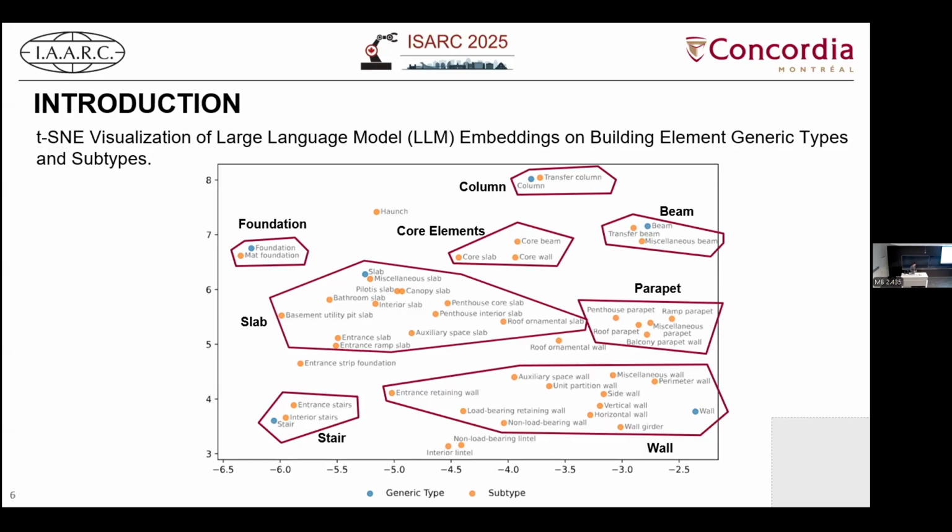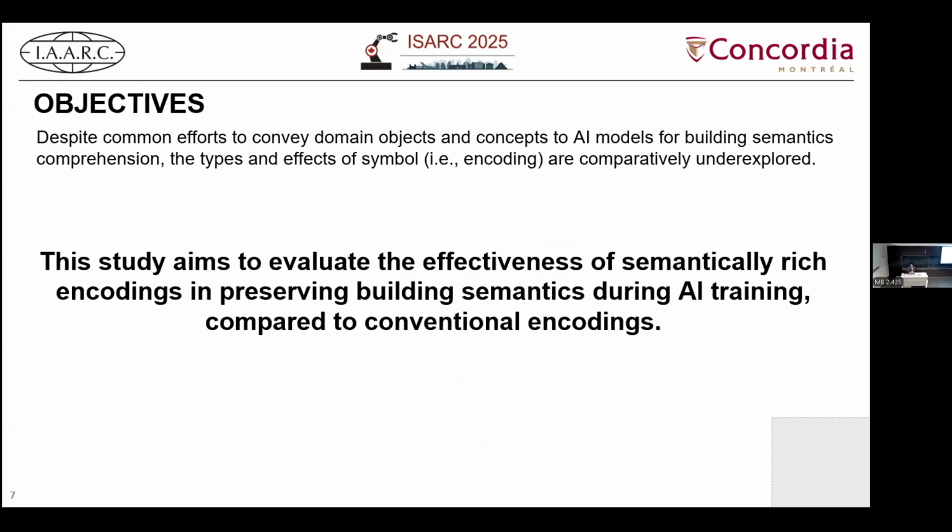What I mean by that is walls and columns and foundations would be generic types, and when we get to specific types, there will be exterior walls or bathroom walls, and those will be subtypes. Then within the text embedding, those concepts will be placed close to each other if they have semantically similar context.